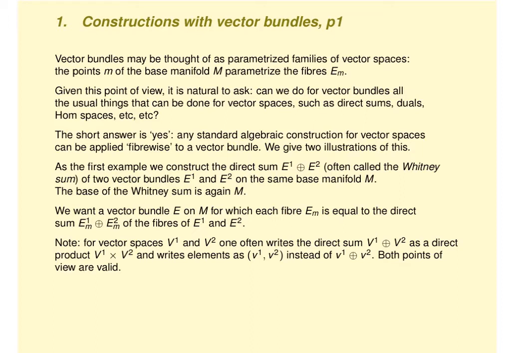So the best way, most of the time, is to think of a vector bundle as a parametrized family of vector spaces, parametrized by the points of the base manifold.